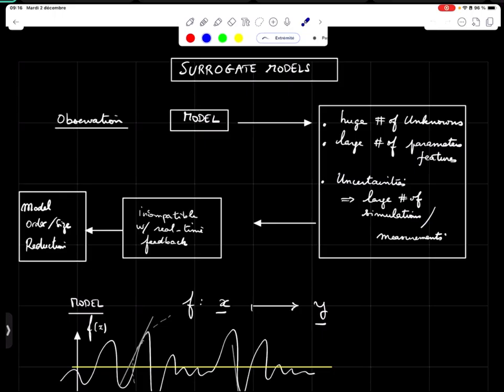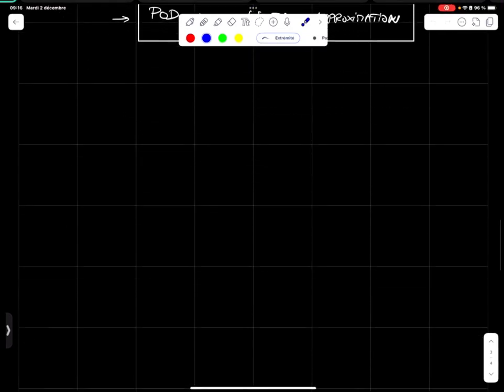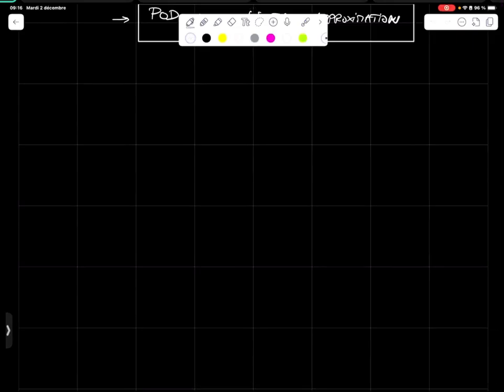Let me make a little sketch because I think it's easier. So why do you need even reduced order models?